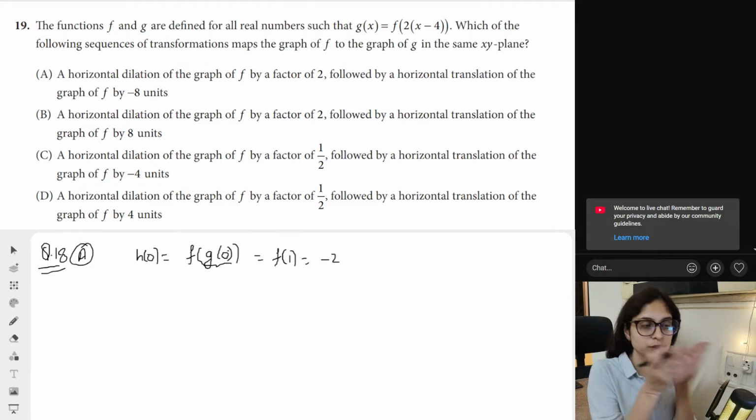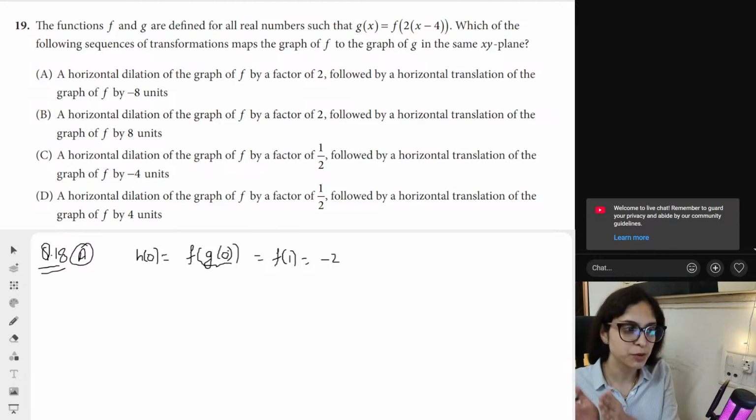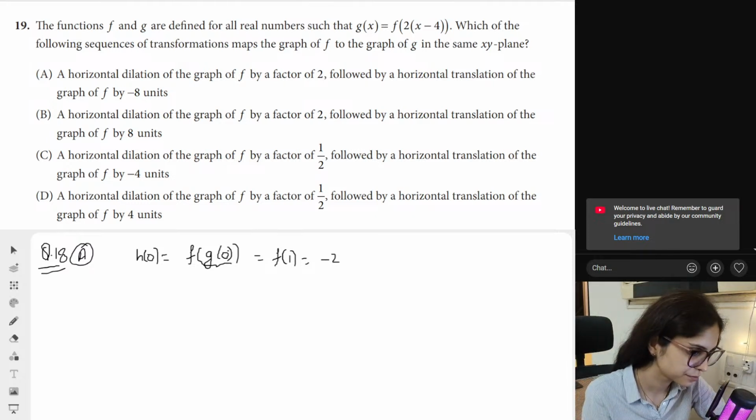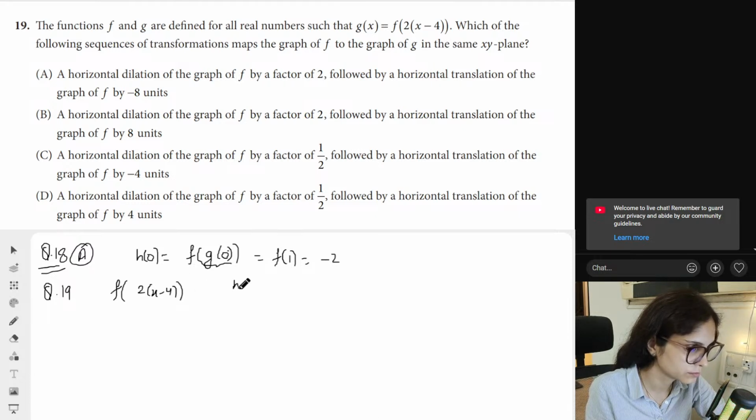Negative 4 means you are moving to the left. So left is negative, right is positive. Horizontal dilation half and horizontal translation by 4.